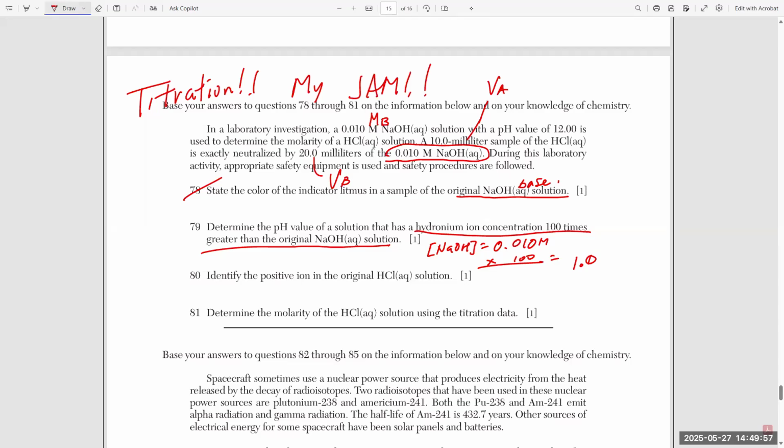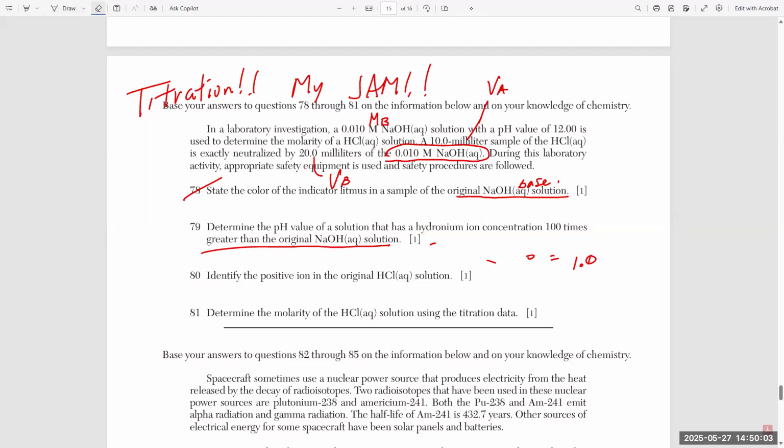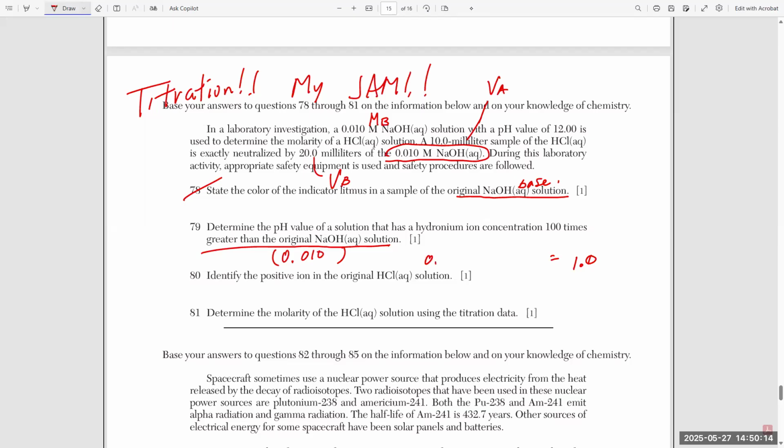Everybody okay? Because remember, it's 100 times more than the original, which is right here, 0.010. So it's the negative log of 1.0. That's going to be your pOH, okay?